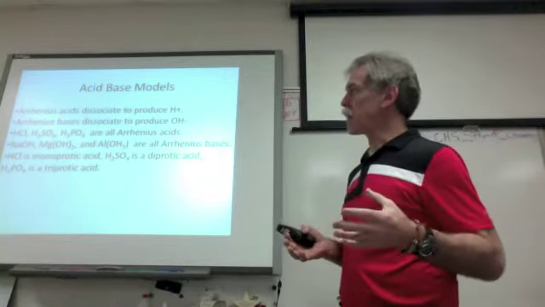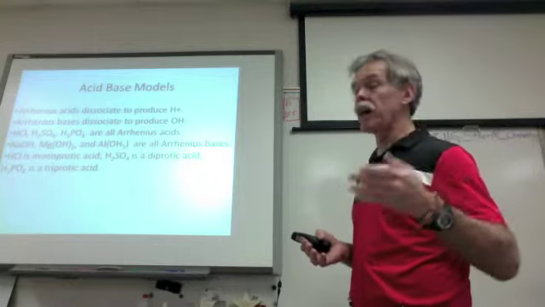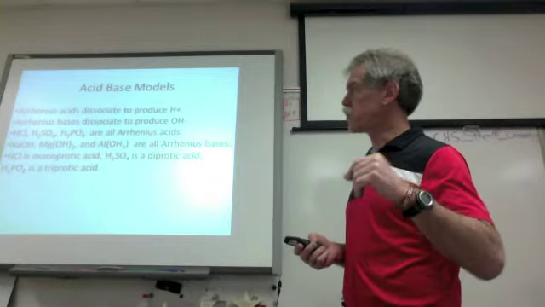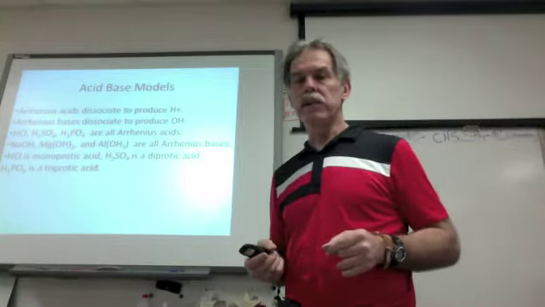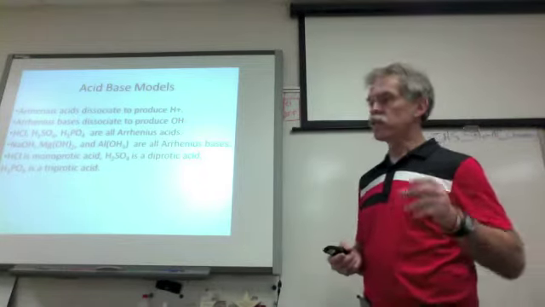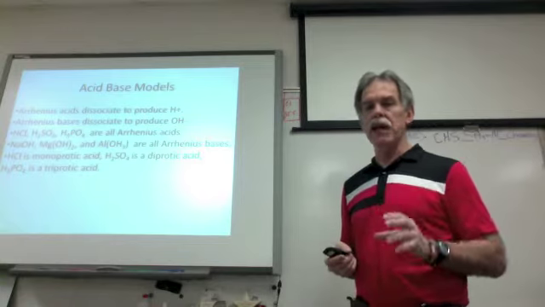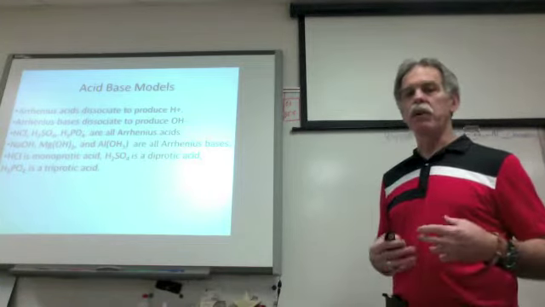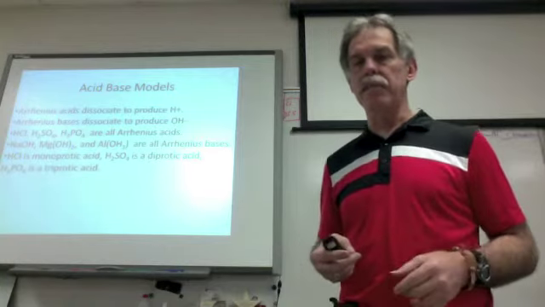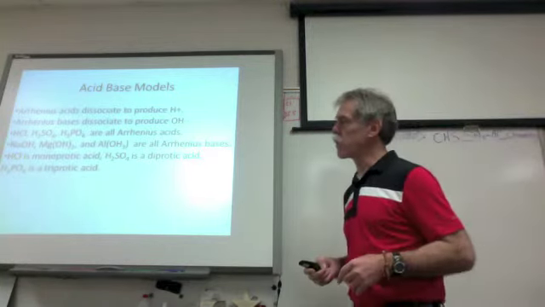Now, we talk about examples: HCl, hydrochloric acid, H2SO4, which is sulfuric, H3PO4, which is phosphoric acid. You should review your acid naming rules, because for this test, I'm going to review that and have you name some acids also on your review.